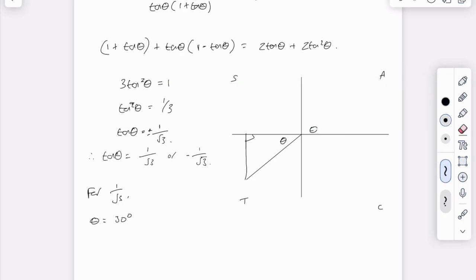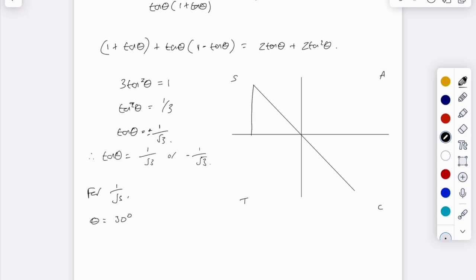Now, what about the negatives? For negative 1 over root 3, well, in that scenario, okay, tan is negative in these quadrants. Theta here and theta here. So we got 360 minus theta.